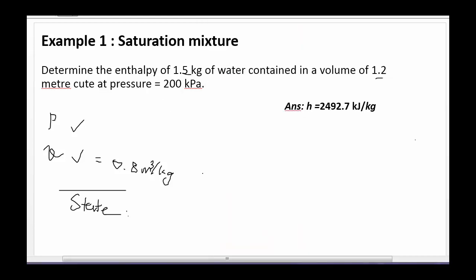So now you need another property named quality, the x. How do you find the x? It is equal to your specific volume minus the specific volume of saturated liquid, divided by the difference between the vg and the vf.